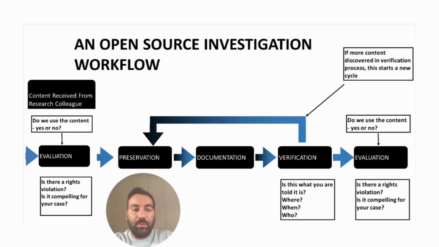There are criteria to apply here. The decision to proceed with or discard content hinges on its alignment with the investigative goals and its immediate apparent authenticity and relevance. That's how we evaluate our information. We assess it all the time and reassess it.